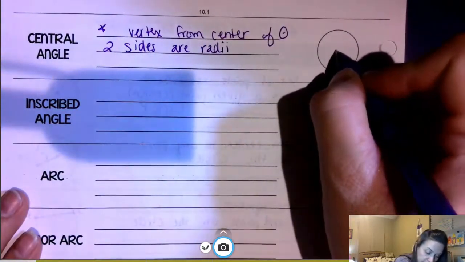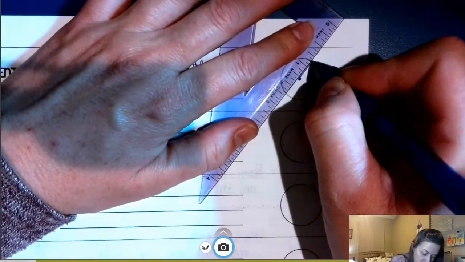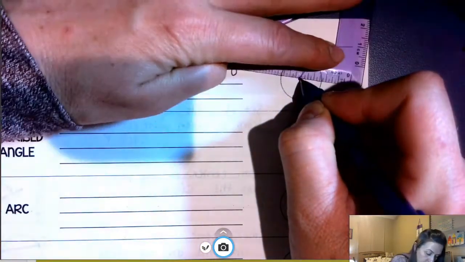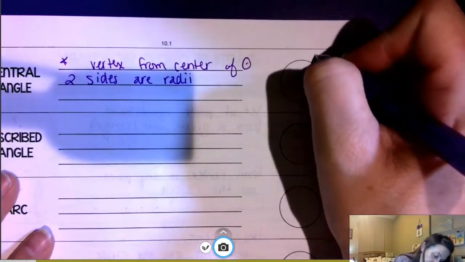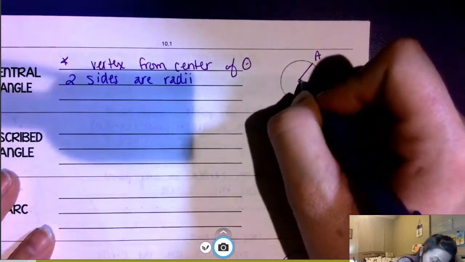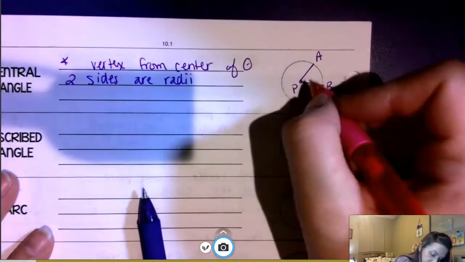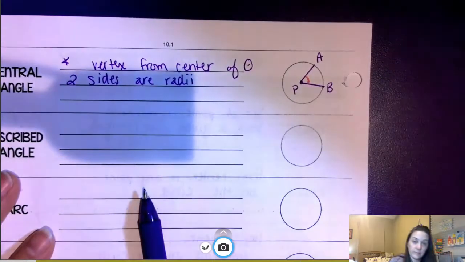So if we start at the center here, and we have two radii, so again, it doesn't go through. Here are two radii. Let's say this is A, let's say this is B, and this is our center, our circle P. Here is our central angle right here.